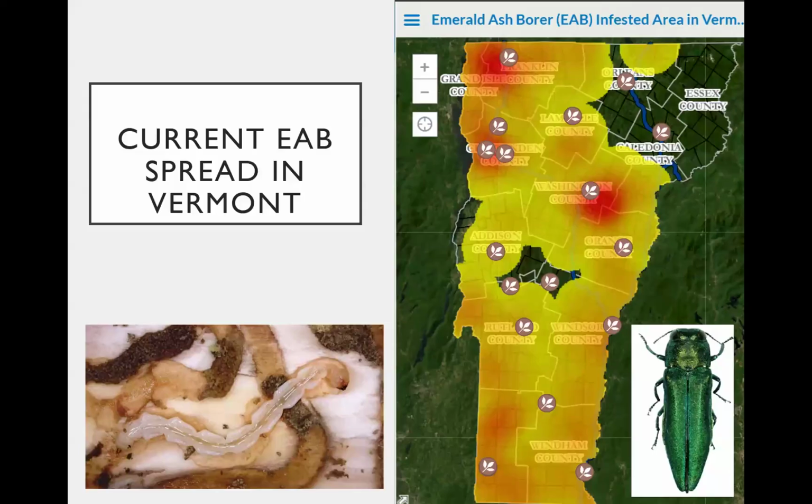These areas do not all have emerald ash borer. Not every tree colored with the yellow has emerald ash borer in those ash trees, but the chances of emerald ash borer being in those trees is pretty high, given the timeline of when we usually are able to detect or actually find the larva, because it does take some time for it to build in the tree and for us to notice.